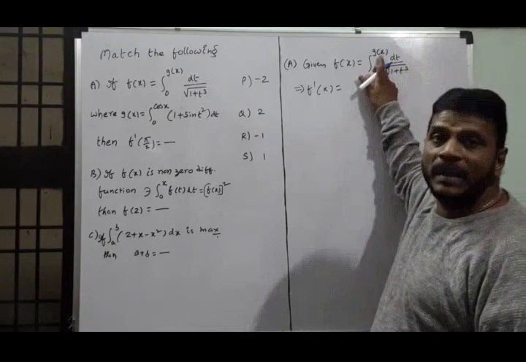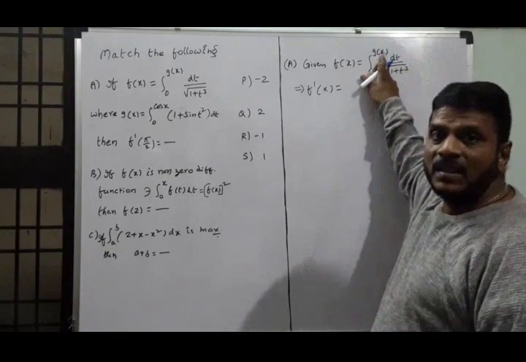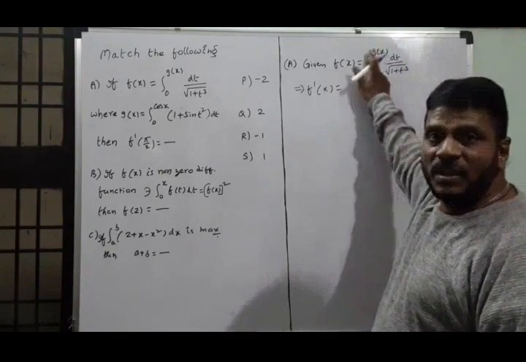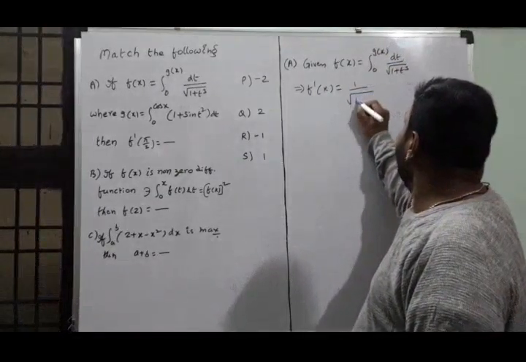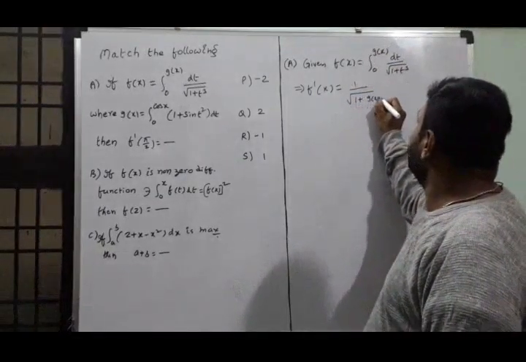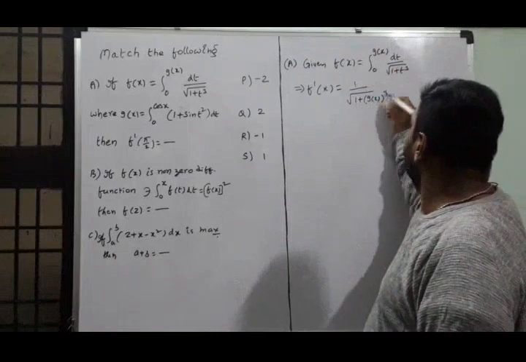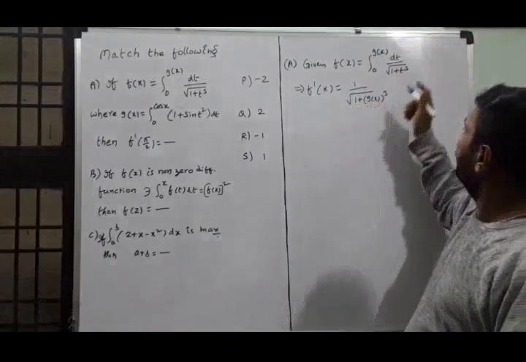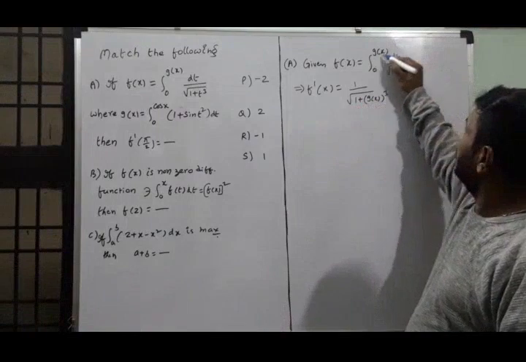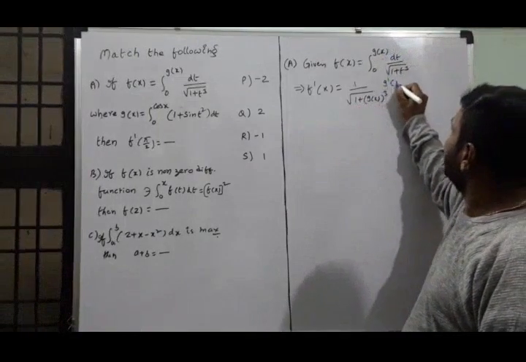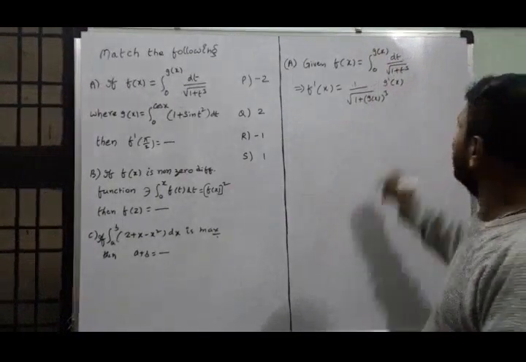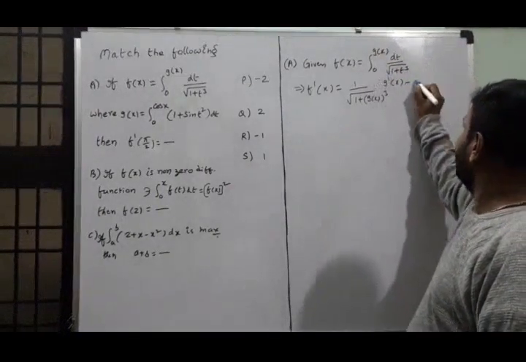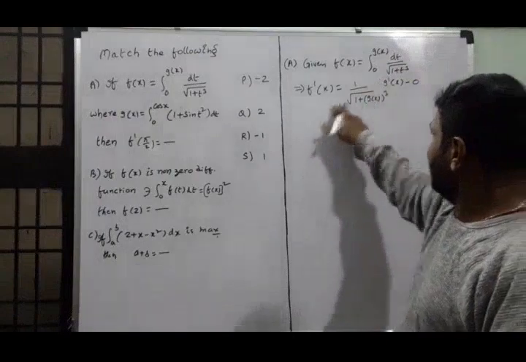What is the upper limit here? g of x. So 1 by root of 1 plus g of x whole cube, into d of g of x, that is g dash x, minus 0. This is f dash x.